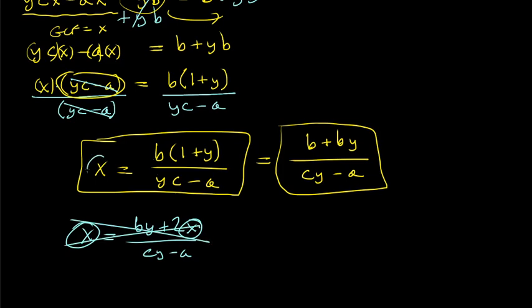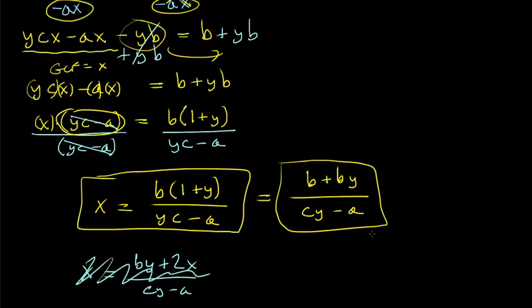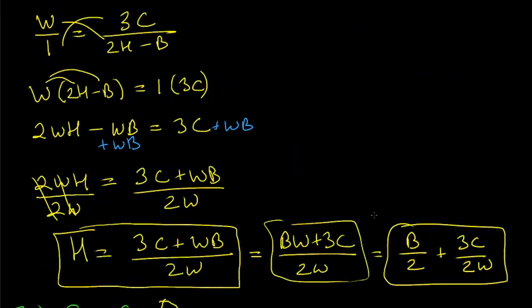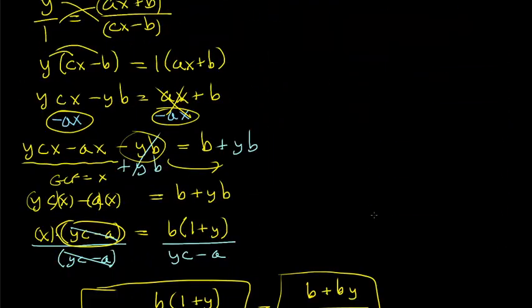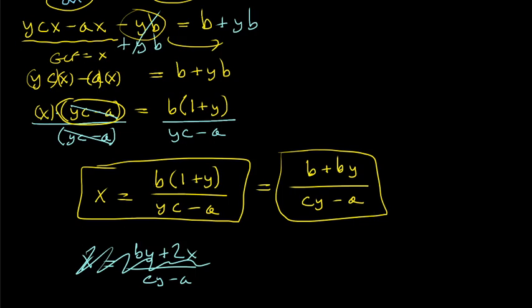If you're solving for x, you get x on the left and everything else on the right. There should be no x's on the right side. If there is an x on the right side, it's not going to work, okay? It's not going to be the right answer. So yeah, be careful you don't make that mistake. Anyways, that's number 7. These are literal equations, so I hope that helps.